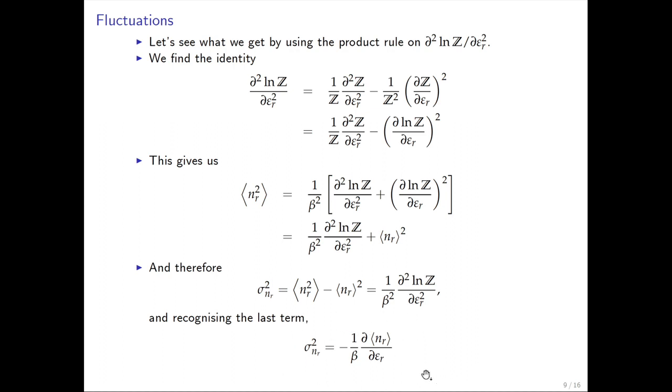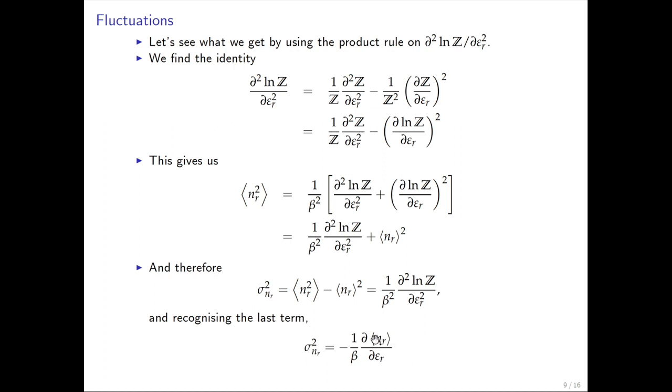It just says that the variance, which is the mean of the occupation number squared minus the mean occupation number squared, is just minus 1 over beta times the partial derivative with respect to epsilon sub r of the mean occupation number of state r. So it's a bit of work, but it's quite a simple answer.